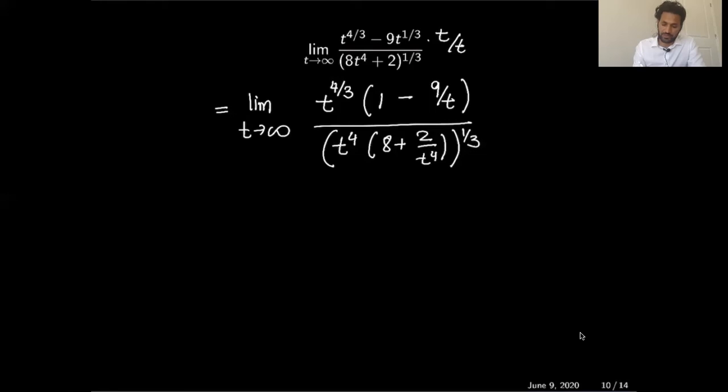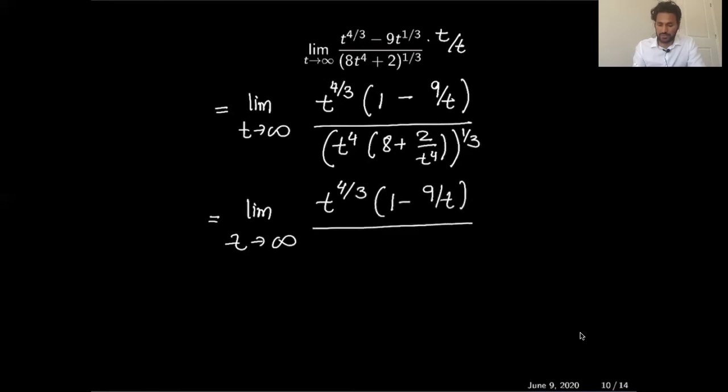Since the power can distribute, I will have the limit as t approaches infinity of t to the power 4/3 times 1 minus 9 over t, divided by t to the power 4/3 times 8 plus 2 over t to the power 4, to the power 1/3.